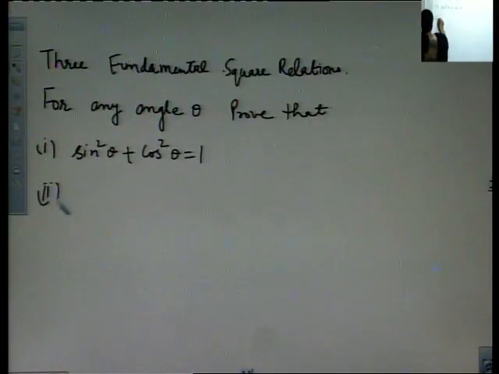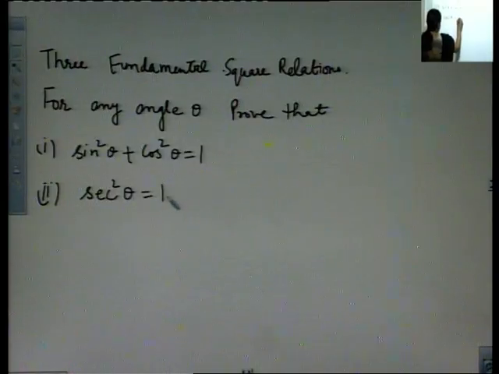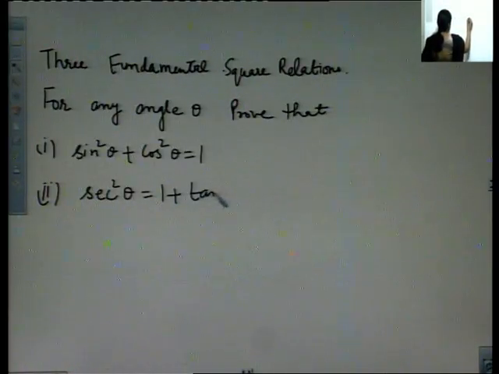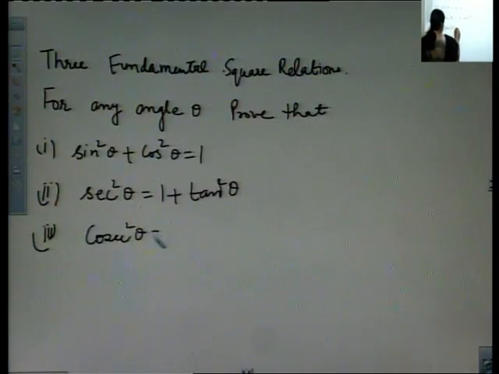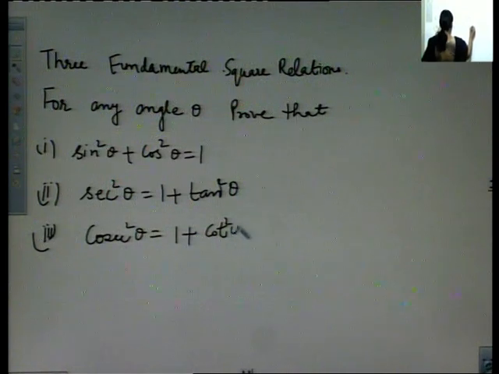Number 2, secant square theta is equal to 1 plus tan square theta. Number 3, cosecant square theta is equal to 1 plus cot square theta. Now solution.